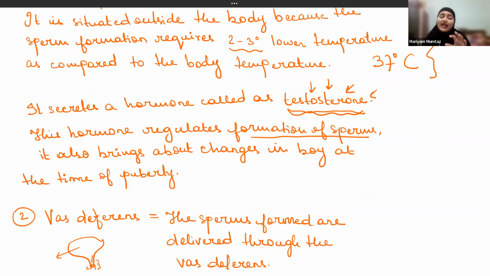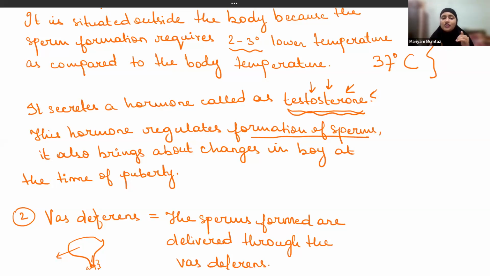So all of these characters that we studied previously, the appearance of beard, appearance of mustache and everything, is happening because the testosterone has been released into your body, and this starts at the time of puberty. As soon as the individual hits the age of puberty, that is mostly 12 to 13 years of age, then all of these changes slowly start appearing.